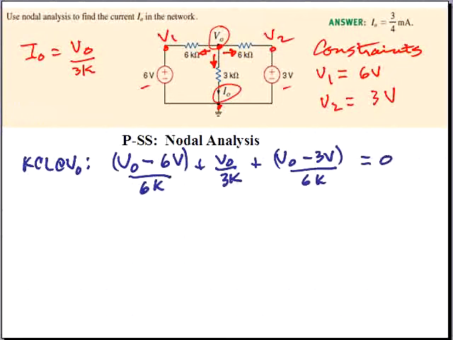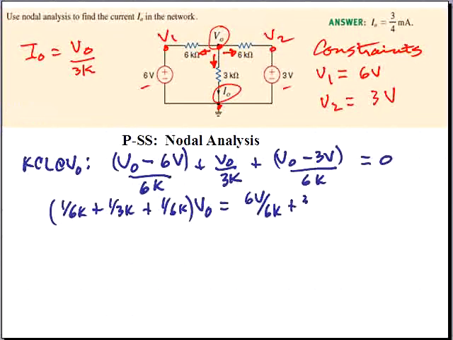We rearrange some terms. We have 1 divided by 6K plus 1 divided by 3K plus 1 divided by 6K times the node voltage VO is equal to 6 volts divided by 6K plus 3 volts divided by 6K, which is equal to 3/2 milliamp.